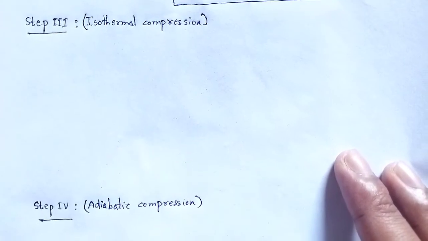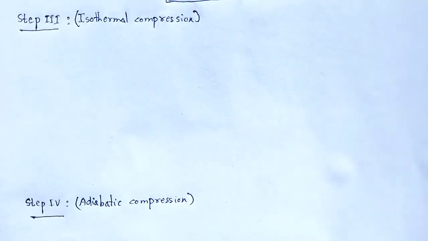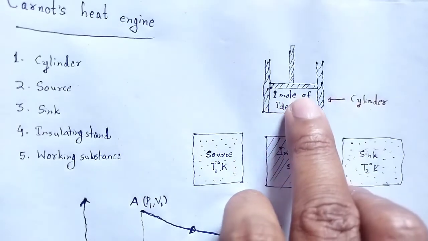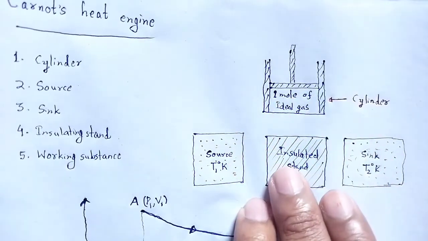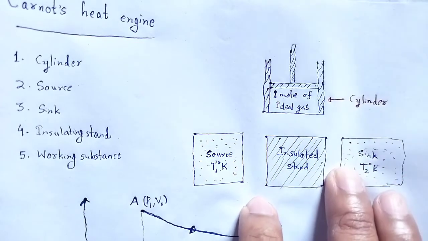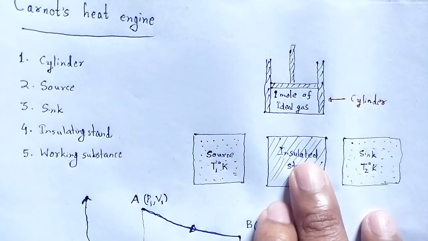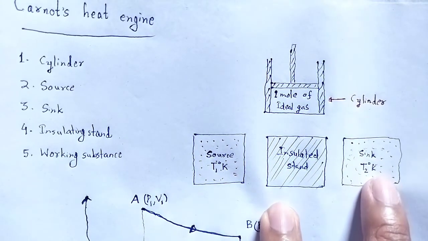Next, step 3, isothermal compression. Here is the compression. How? Let us see the figure. First of all, we take that cylinder on source, then insulating stand, now remove that cylinder from insulating stand and place it on the sink, which is at a temperature of T2 degree Kelvin.